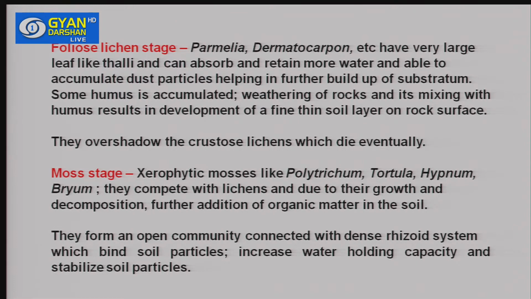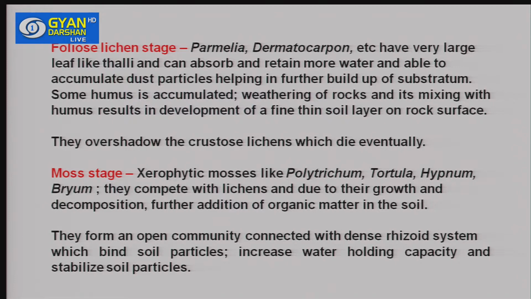They are able to retain and absorb more water, so that there is an addition of moisture in the rock surface, and it builds the substratum and invites the next community, that is the moss stage. Xerophytic mosses like Polytrichum. Moss means mostly the bryophyte community, that is Polytrichum, Tortula, Hypnum, Bryum.